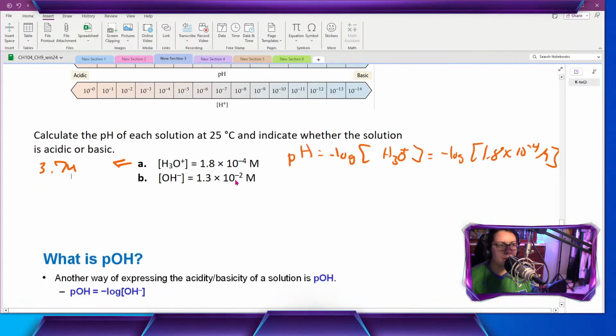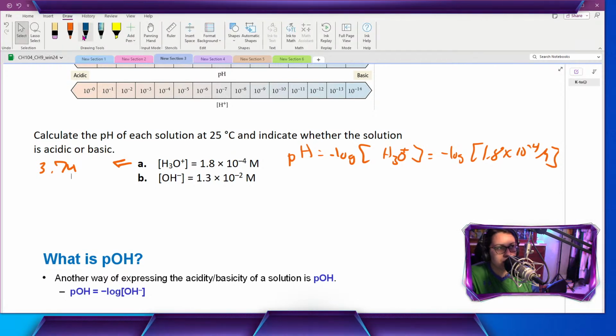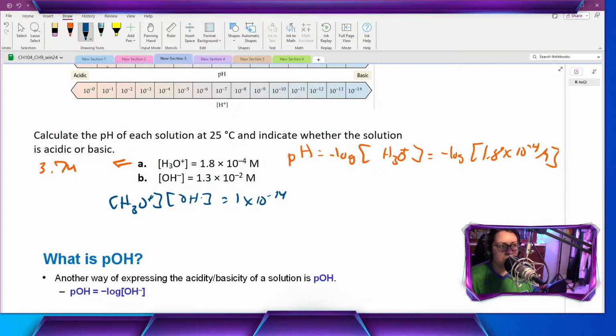So let's go ahead and do that. We know that those two multiplied have to equal that Kw, which was 1 times 10 to the negative 14th. So let's plug in our hydroxide, and that means we can solve for hydronium.